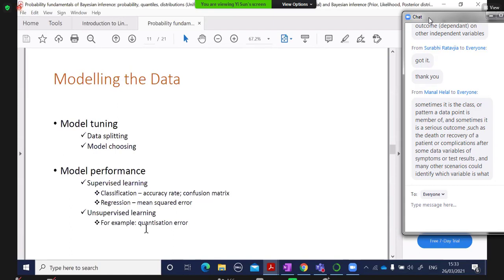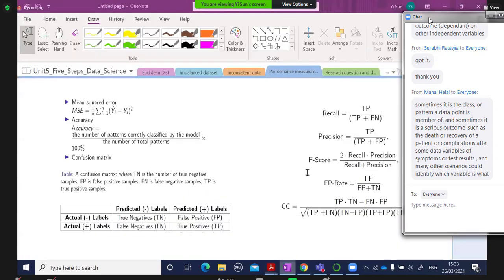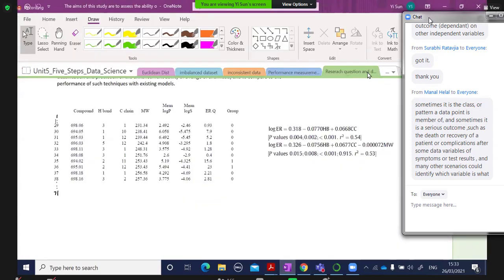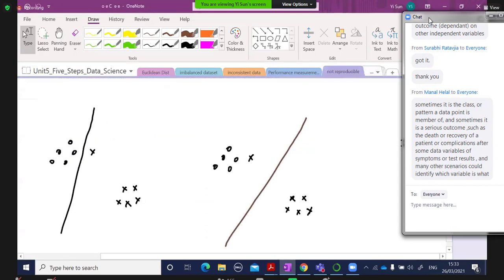Many modern classification and regression models are capable of modeling complex relationships. However, they very easily overemphasize patterns that are not reproducible. What does it mean? Have a look here.